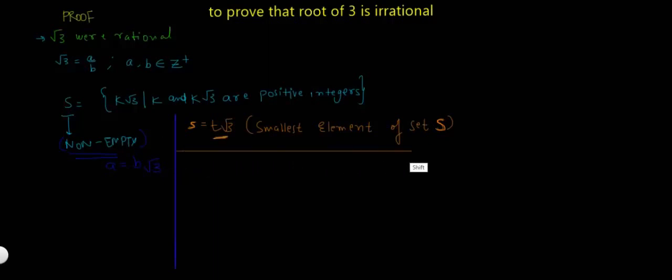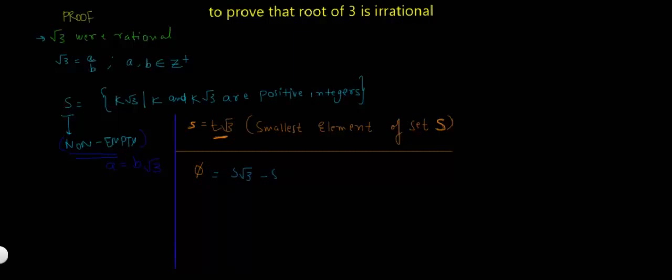Now we'll define phi. Phi is defined as small s root 3 minus s.